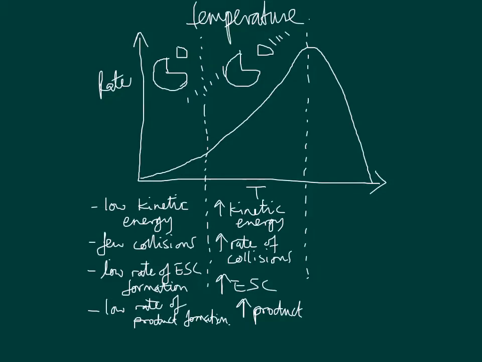But what happens when we increase the temperature beyond that? The main point is that we are making further increases to the available kinetic energy, and yes, that is going to make more collisions. But here the question is, are those collisions still resulting in the formation of the enzyme substrate complex?